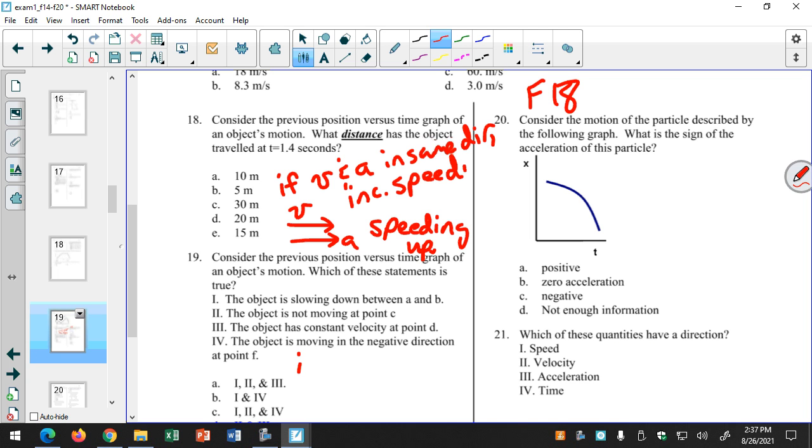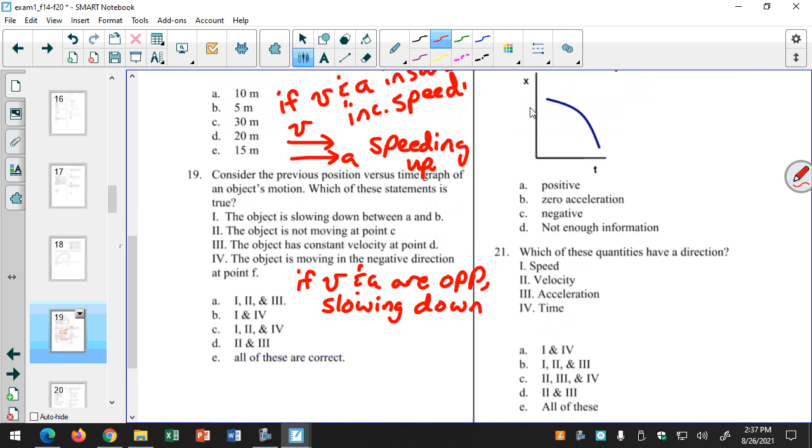Alternatively, if V and A are in opposite directions, that object is slowing down. Okay? A good example of that, or let me draw it graphically. If this is V, if A is in the opposite direction, that means that this object is slowing.